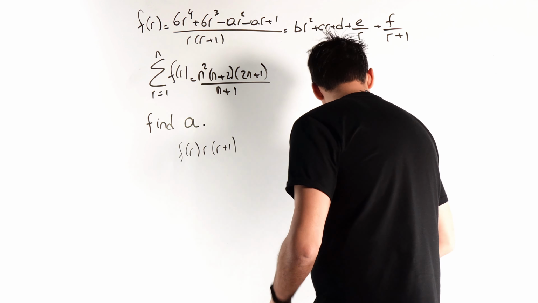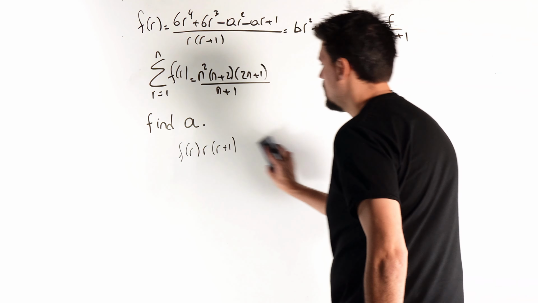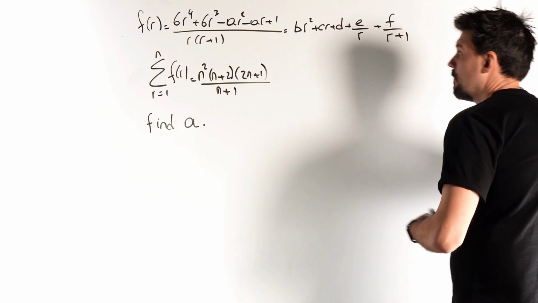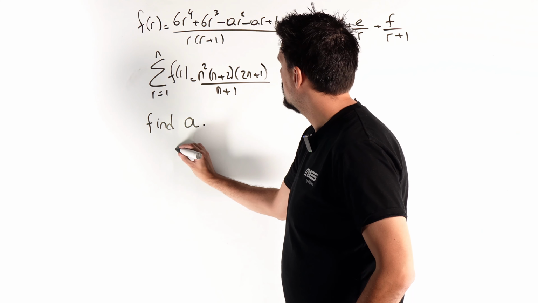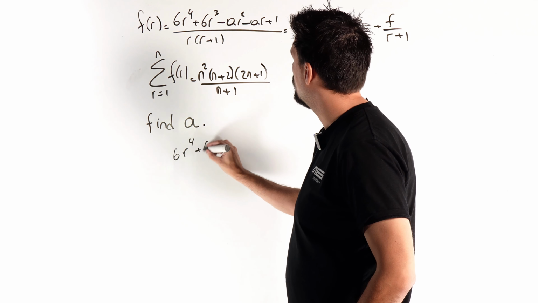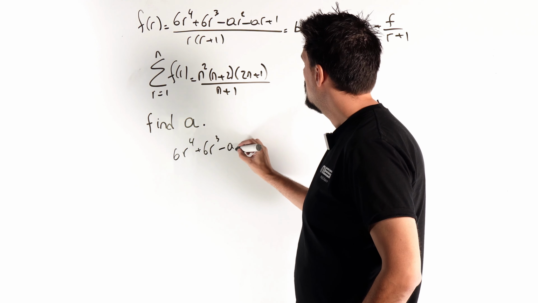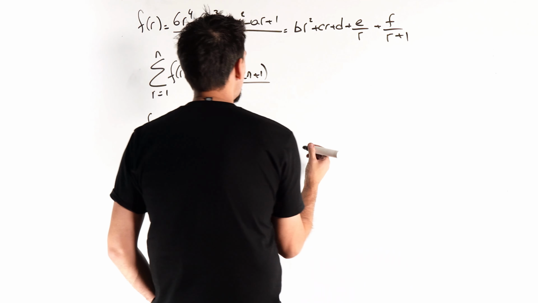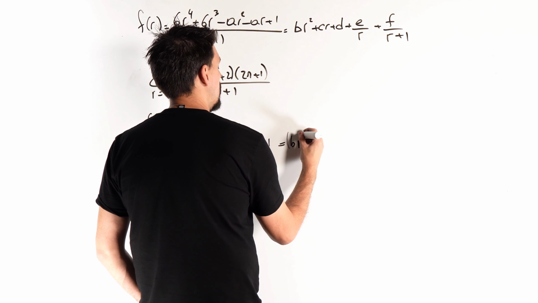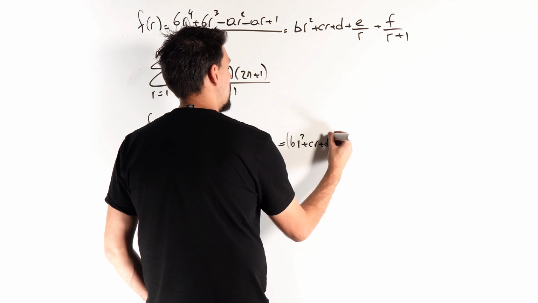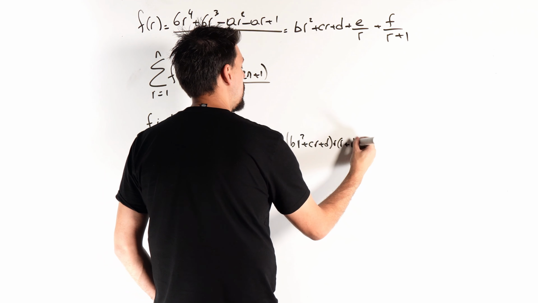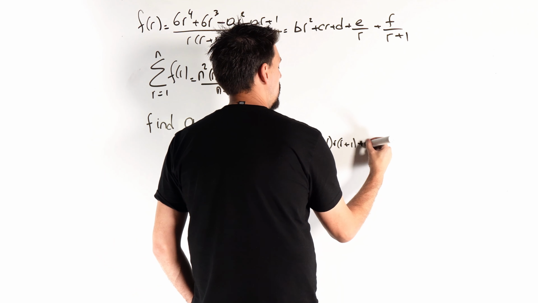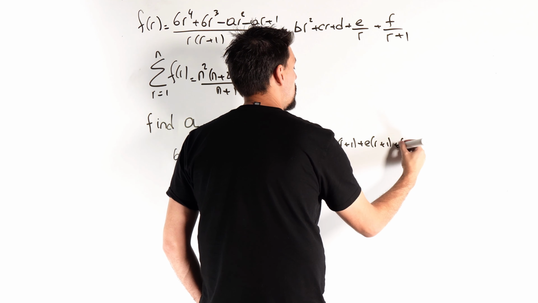I was trying to be concise, but 6r to the 4 plus 6r cubed minus ar squared minus ar plus 1 is equal to br squared plus cr plus d times r plus 1, plus e times r plus 1, plus fr.